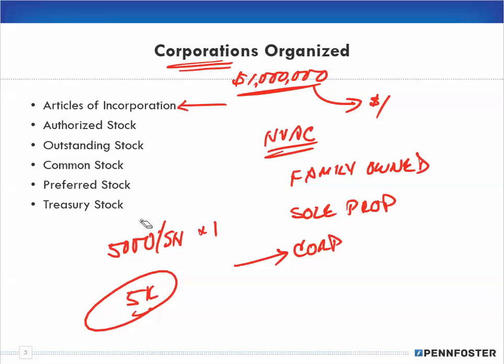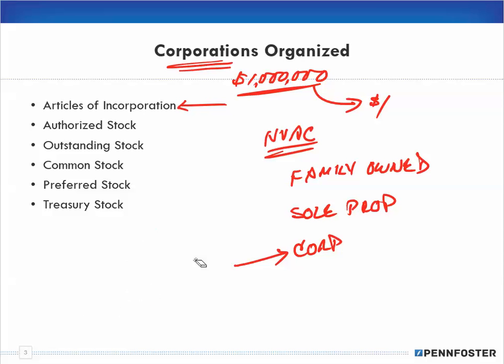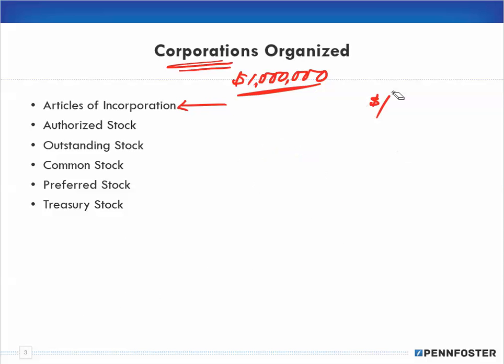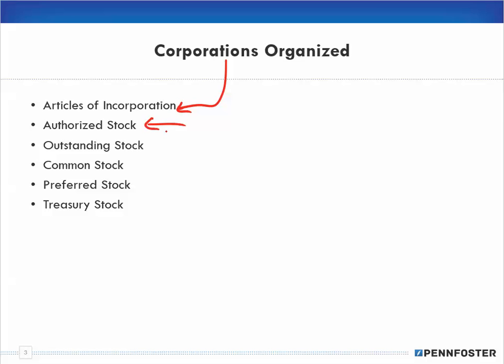What I want you to just realize at this point in time is that when you set up the corporation, right, you create articles of incorporation which tells how many shares of stock can be sold in the business. Then the purchase of that stock is the number of shares that are outstanding.